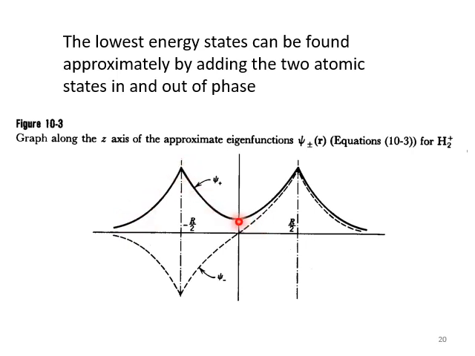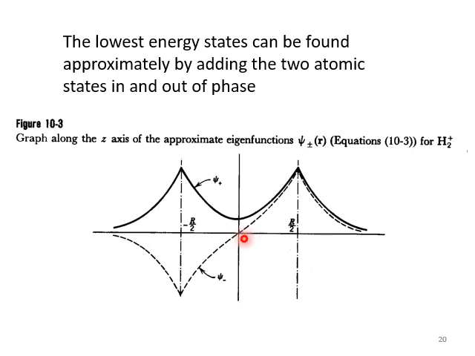And if the wave function on the other nucleus is of the same phase, then the overall wave function looks like this. And if the wave function on the two nuclei is of different phase, then you can see that this one is forced to go through 0.